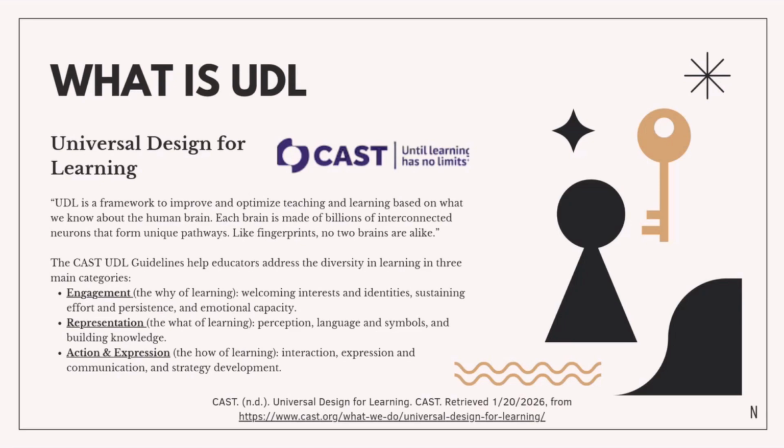So it is a framework, right? We're improving teaching and learning based on what we know about the human brain. So like fingerprints, no two brains are alike, right? We all learn in different ways. We all have ways in which we like to access content. I know that those learning preferences aren't necessarily validated anymore, but I think we can all say that, like, I'm an auditory learner, or I'm a visual learner, or I really like to physically do it hands-on, right?